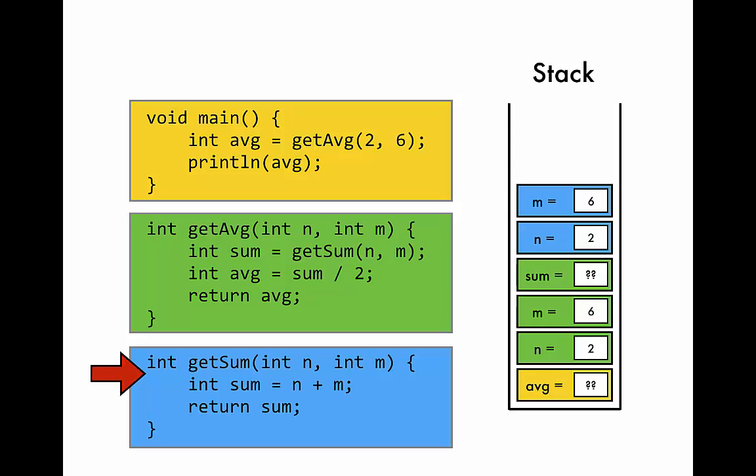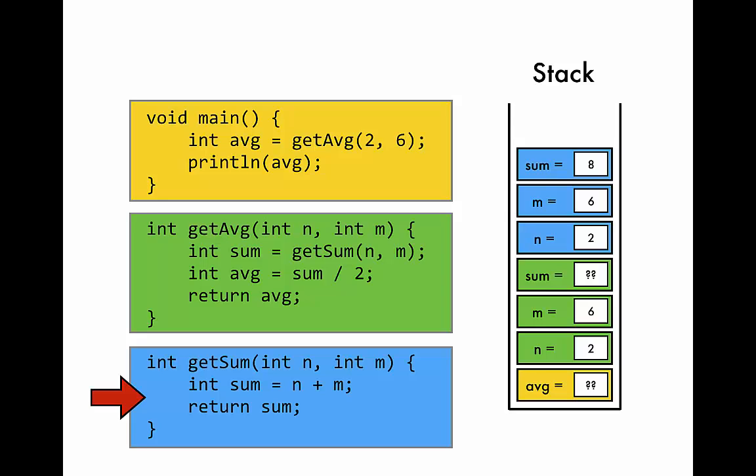Since the value that sum is initialized to is not a method call, it is evaluated right away. N and m are 2 and 6. 2 plus 6 is 8, so the variable sum gets the value 8, and that is added to the stack.